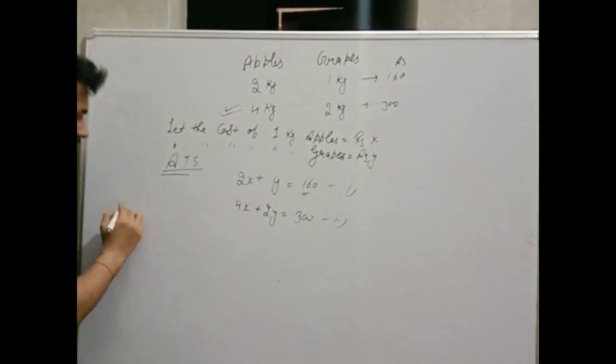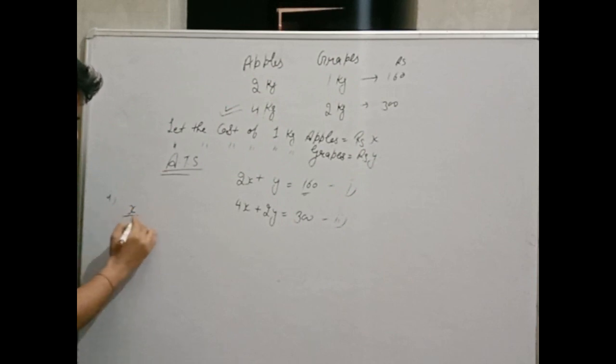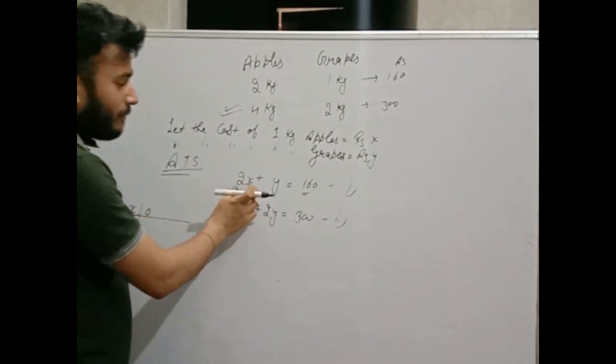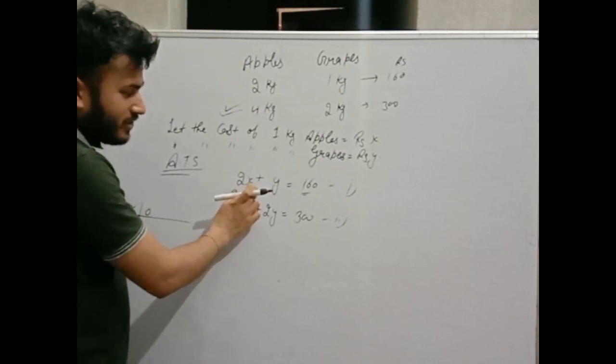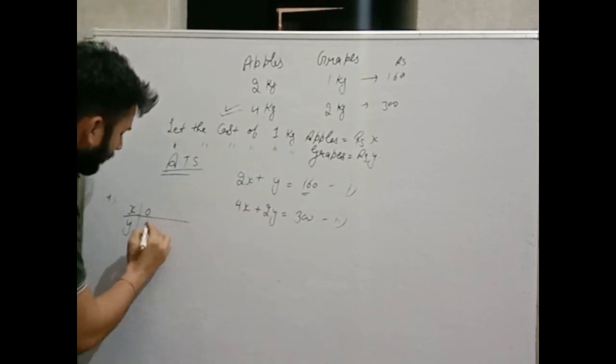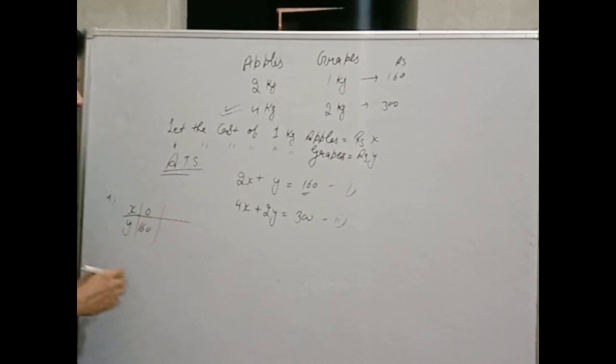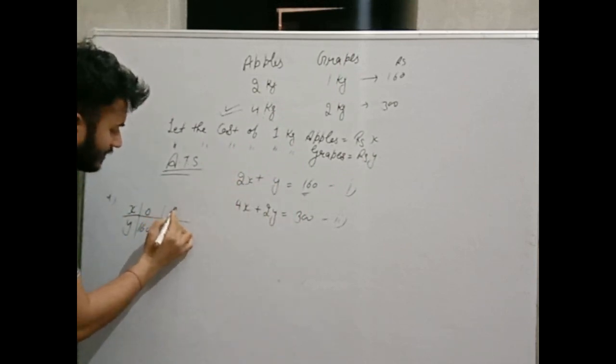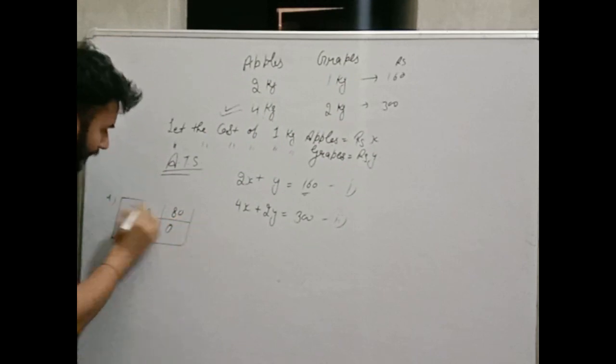First we will find the values of x and y. For the first equation, if I put x equals 0, then I will get y equals 160, and if I put y equals 0, then I will get x equals 80.